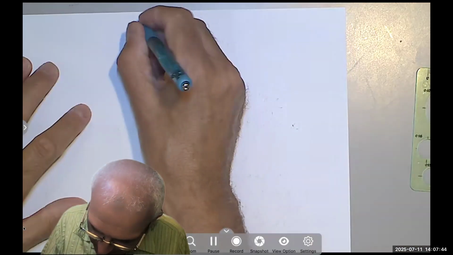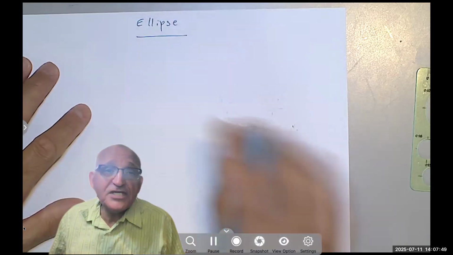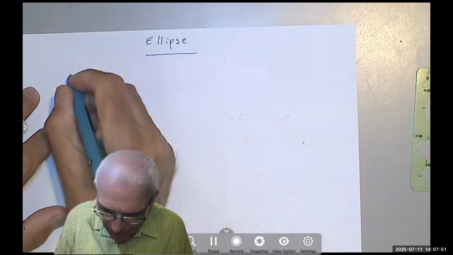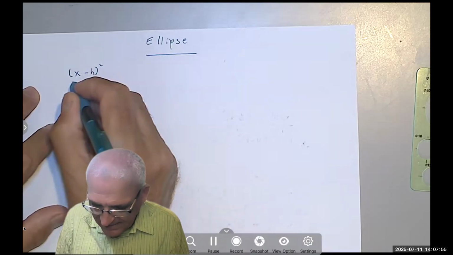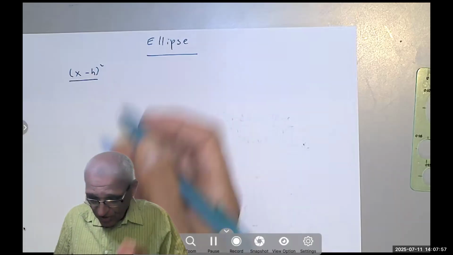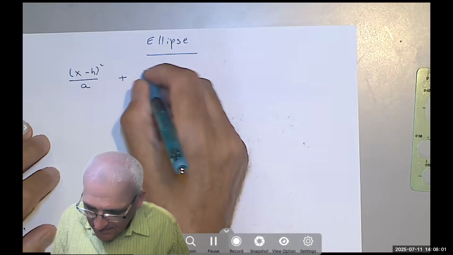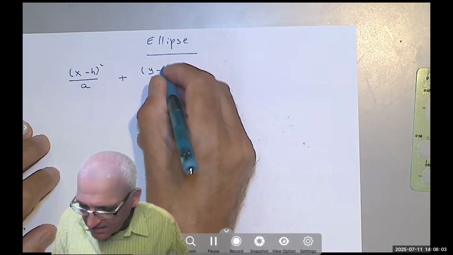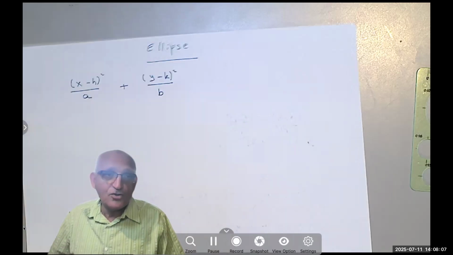So here is the ellipse. The equation of the ellipse is very similar to the circle. So x minus h square, but instead of saying r square, I'm going to call that over a square, plus y minus k square over b square, not over r square like we did here.